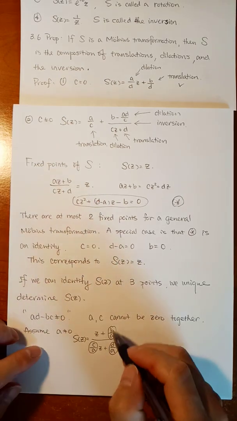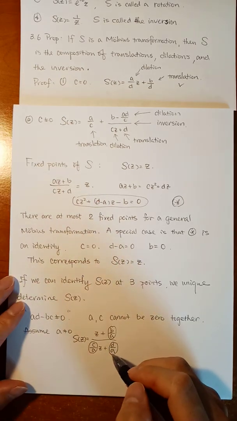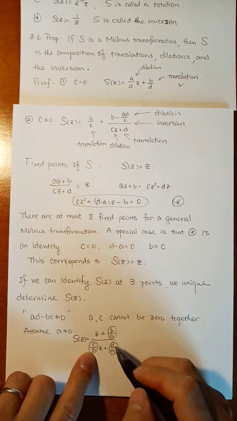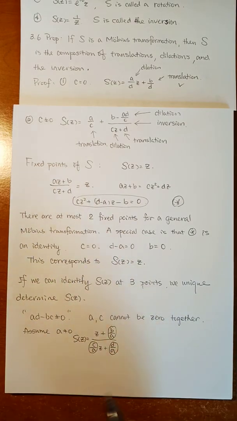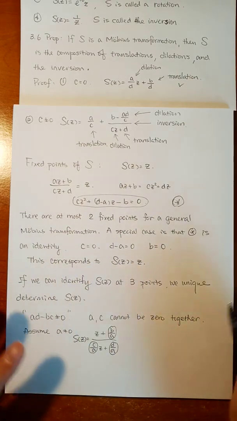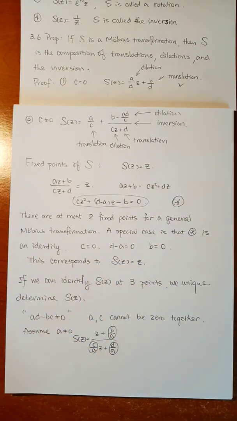If C is not 0, we're going to divide the top and bottom by C. But in any way, this Mobius transformation is actually determined by 3 complex numbers. If you know the information at 3 points, then you will uniquely determine those 3 complex numbers. And that's why we only need 3 points. That's another explanation.